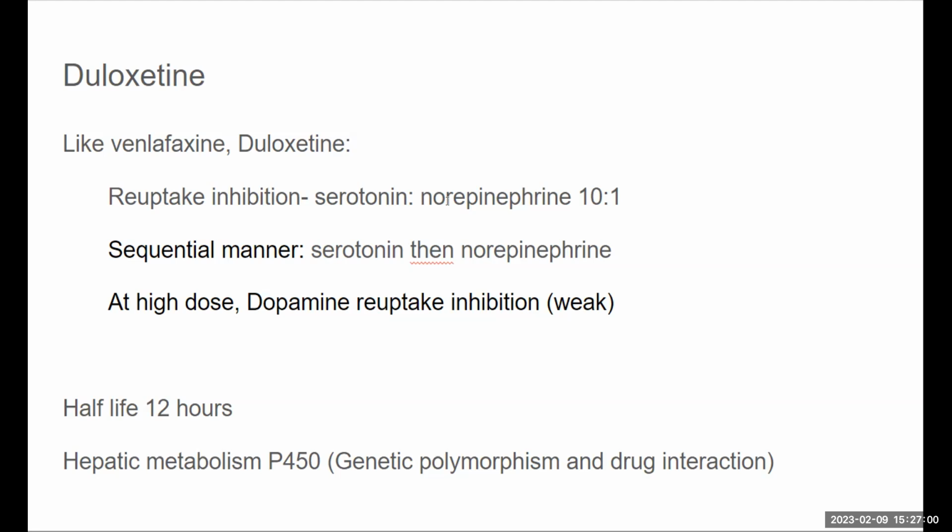Hepatic metabolism is undertaken using cytochrome P450, and cytochrome P450 metabolism lends itself to genetic polymorphism and drug interaction via enzyme inducers and inhibitors. So a lot of inter-individual variability is there based on these drug interactions.